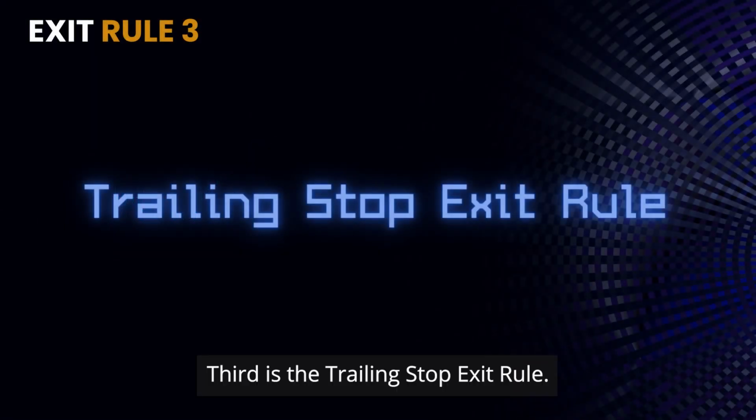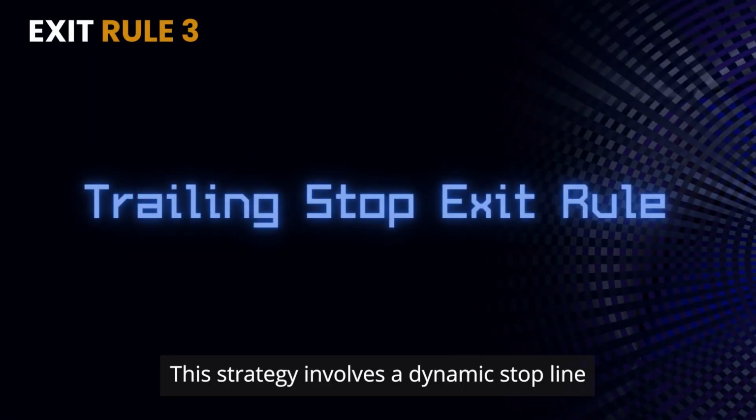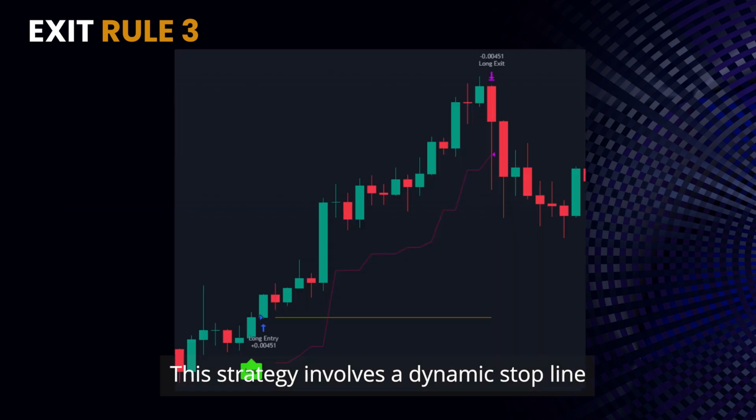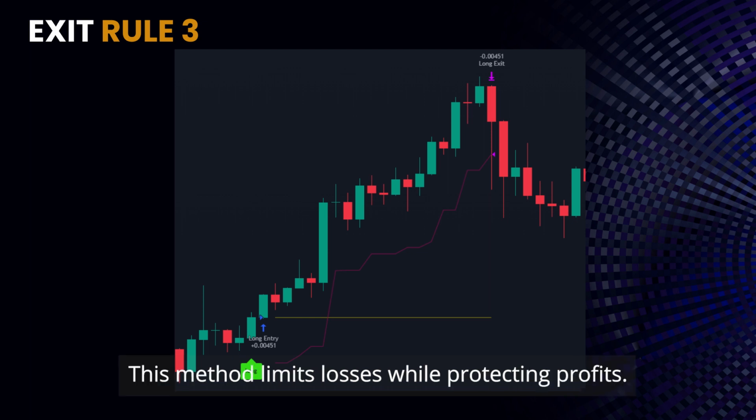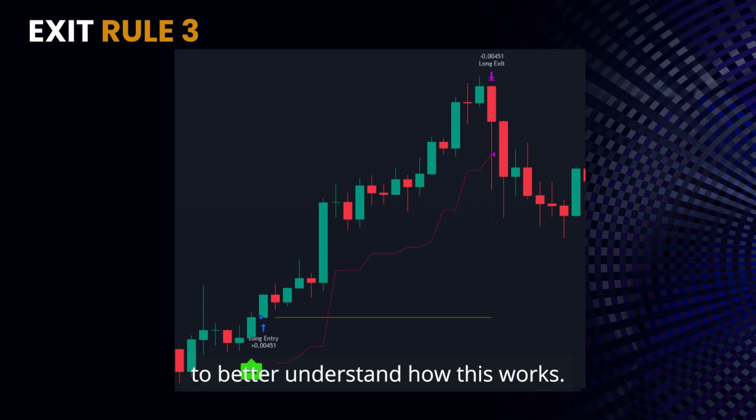Third is the trailing stop exit rule. This strategy involves a dynamic stop line that moves with the price, adjusting as new highs are reached. This method limits losses while protecting profits. Let's watch a replay to better understand how this works.